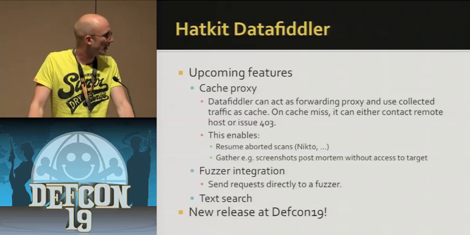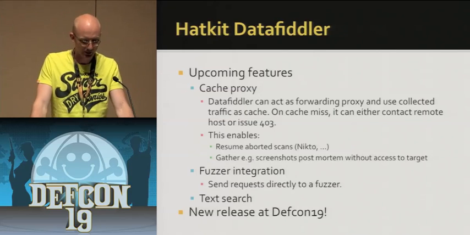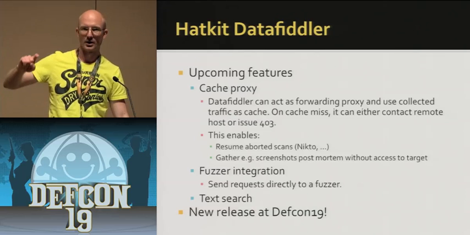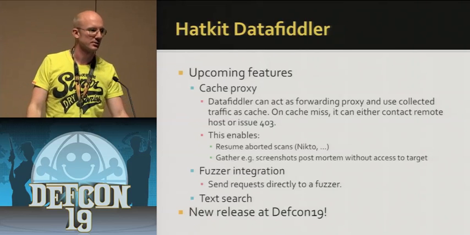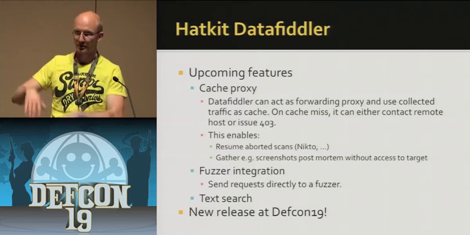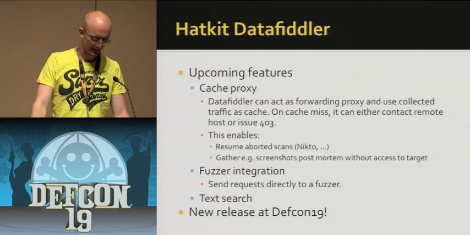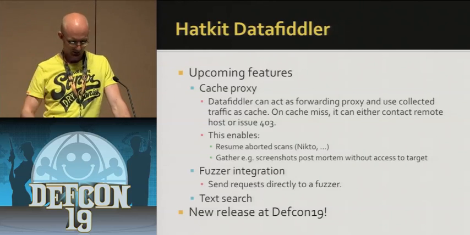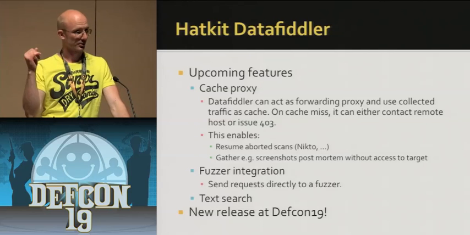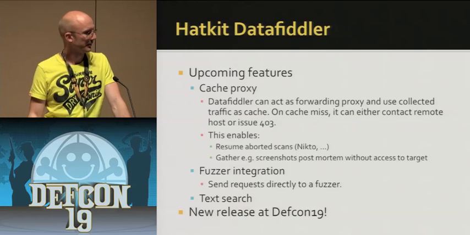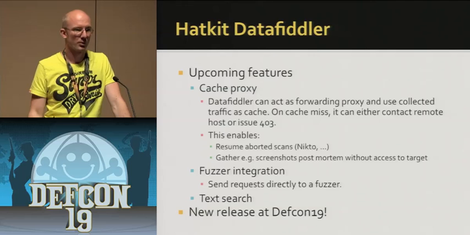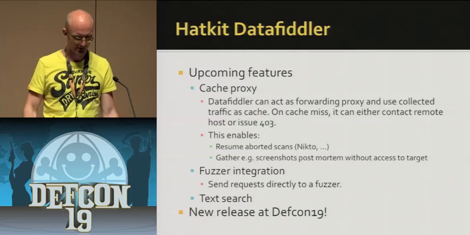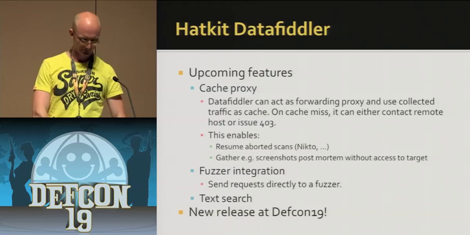Faster integration. We hope to integrate directly with JBroFuzz, so that if you have a request and you want to do a manual request, you can just send it to JBroFuzz and it pops up. Currently, we've only implemented so you can send it to the browser, and you can also right-click and get a copy of the fully qualified request, which you can paste into the manual request of the proxy of your choice.